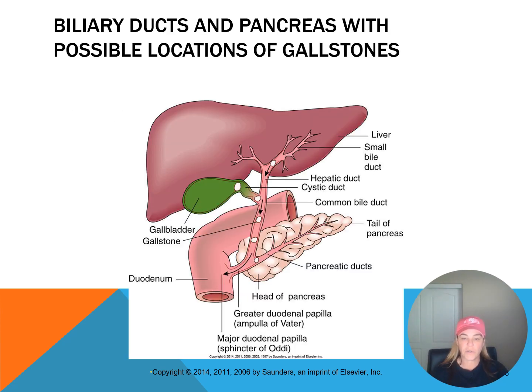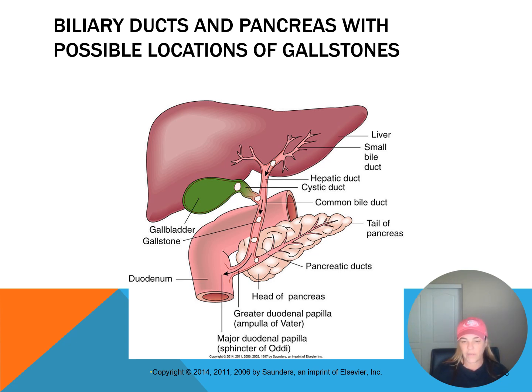This is a nice little diagram. You have your liver, and then you have your hepatic duct. Hepatic means coming from the liver. Your gallbladder is here storing the bile, and some of it goes directly into the duodenum from the common bile duct, because the common bile duct not only takes bile from the hepatic duct, but also from the cystic duct and the gallbladder.